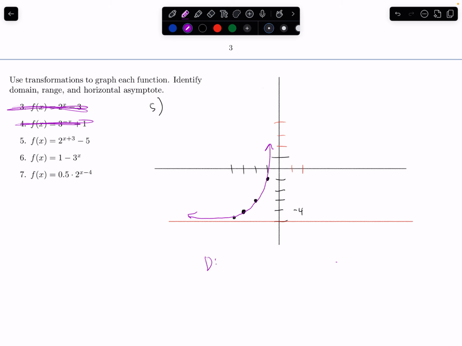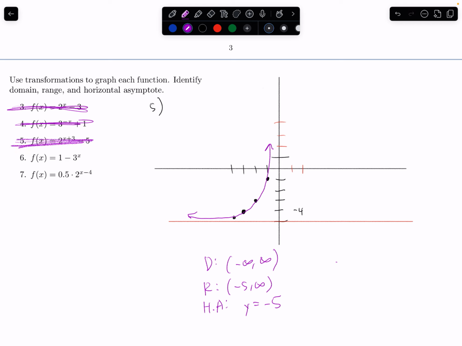Domain is negative infinity to infinity, like it almost always is for exponential functions. Range is going from negative 5 and upwards, and the horizontal asymptote is at y equals -5. That's a horizontal line. A horizontal line, remember, has the form y equals a number because the height is never changing. See that pattern? Okay, I'm just going to spell it out for you now.